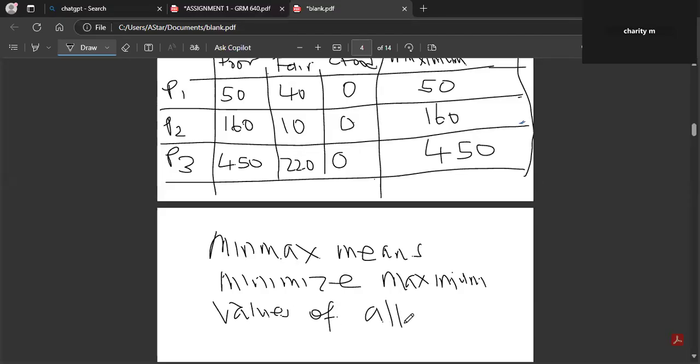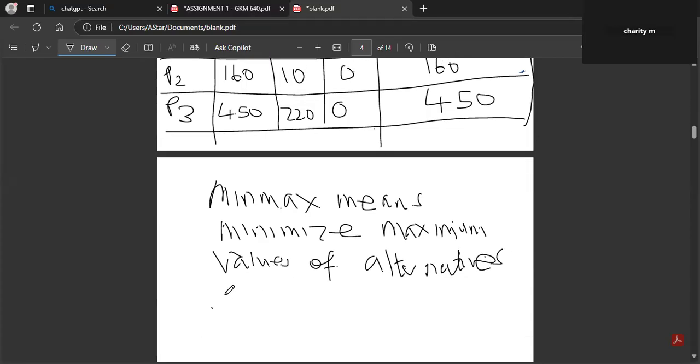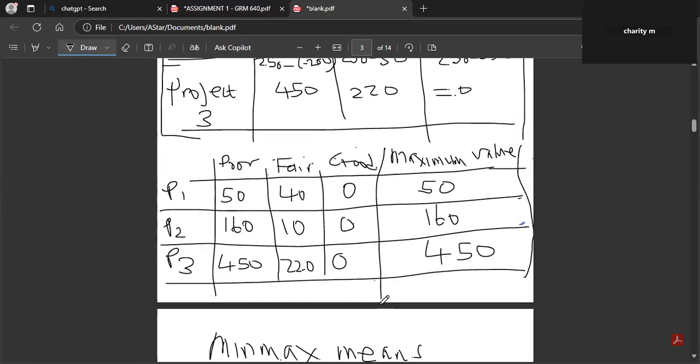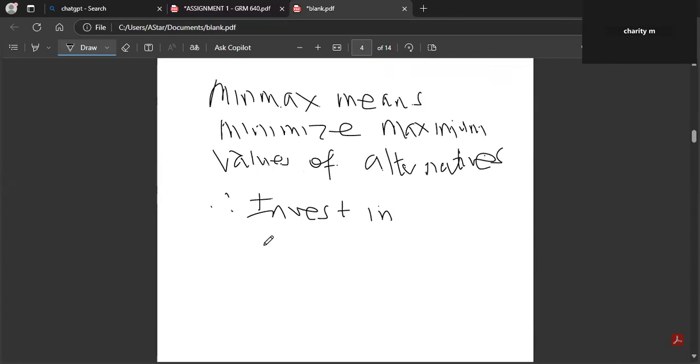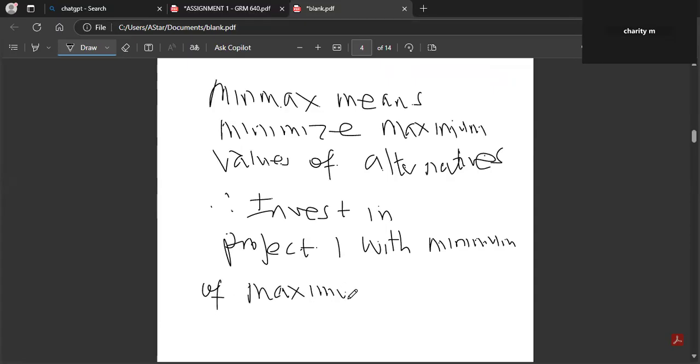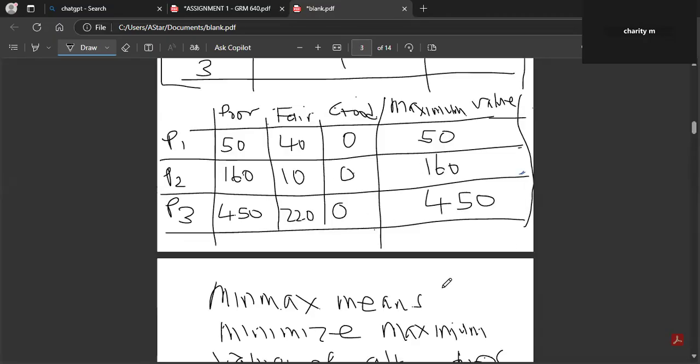Therefore, invest in project 1, with the minimum of the maximum values, which is 50.